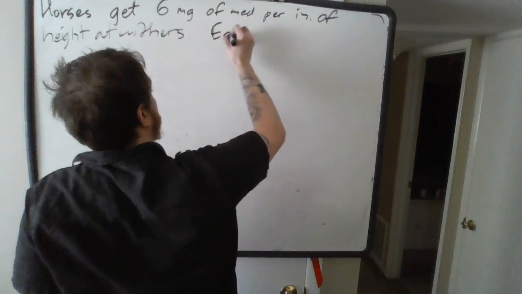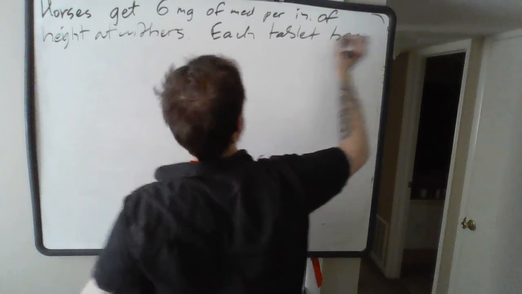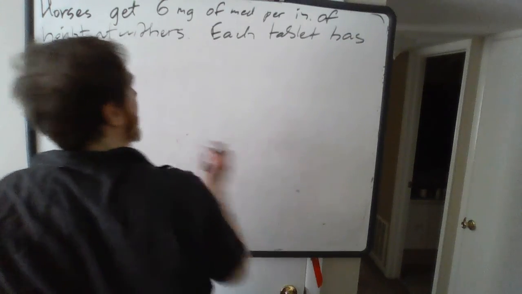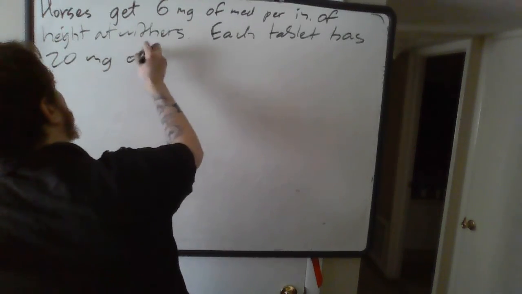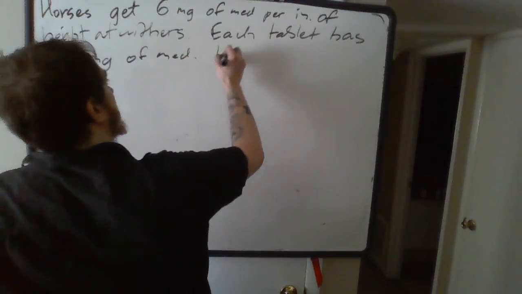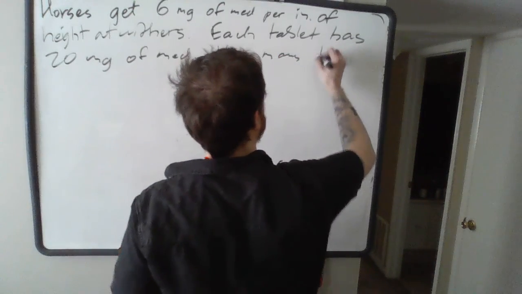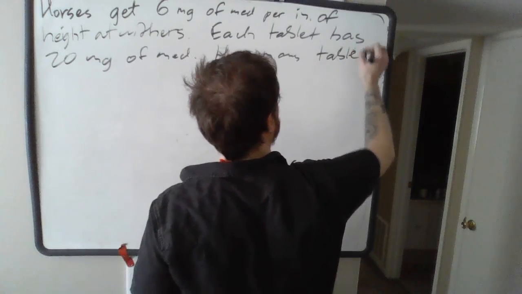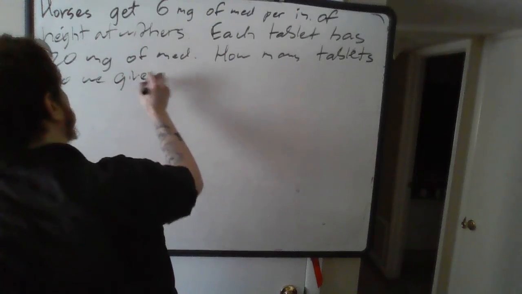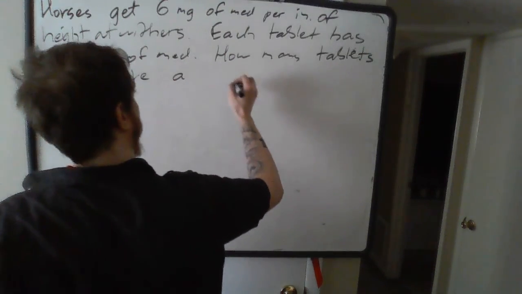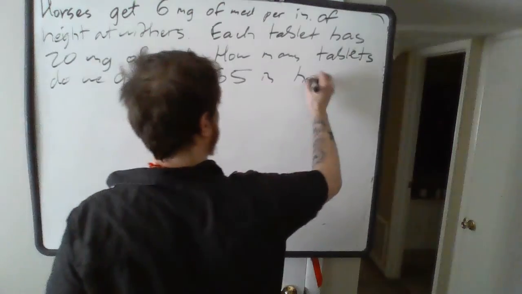And each tablet has, I don't know, let's say that each tablet has 20 milligrams of medicine. And we want to know how many tablets do we give a, let's say, 65-inch horse.